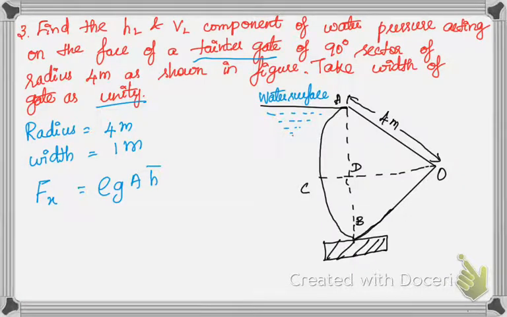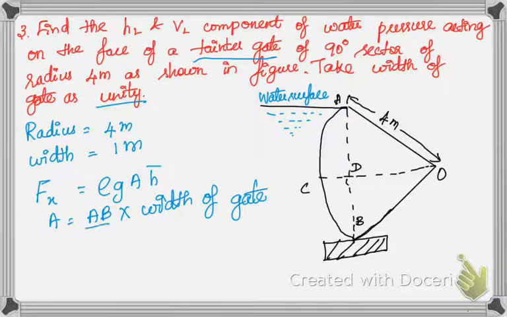So what is A here? Area will be the area of AB, that is AB into the width of the gate. The width of the gate, we all know, is 1. So we have to find the value of AB.